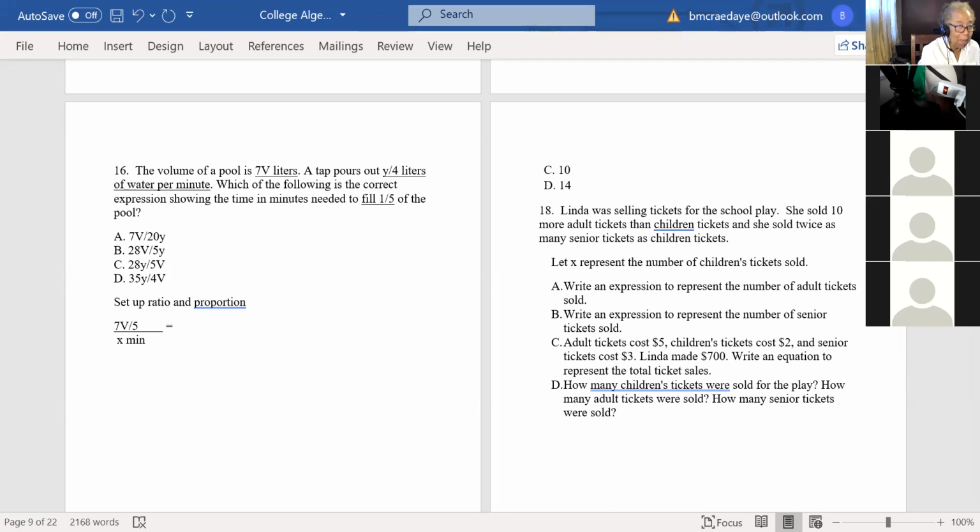Yeah, Y divided by 4. You're right, because it said what? It pours out Y over 4 liters of water per 1 minute. So that's going to be Y over 4, and that's for 1 minute, right? So let's just put that under 1 minute.